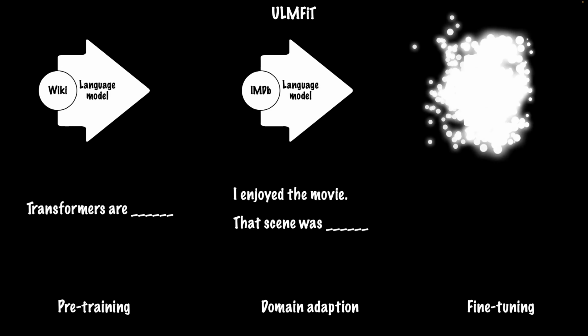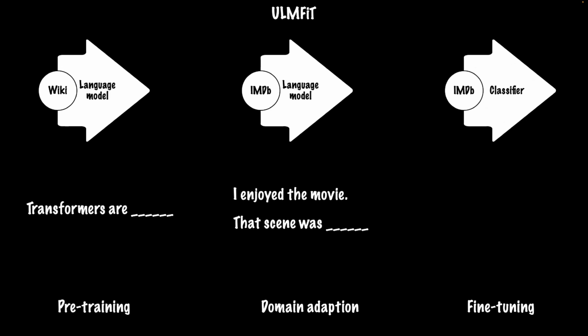In the final step, the model is fine-tuned for the specific task that you care about, like classifying the sentiment of a movie review. A classification layer is added to the model and it is trained on your labeled data to optimize the performance on this specific task. ULMFiT essentially provided the missing piece that allowed transformers to take off in NLP.